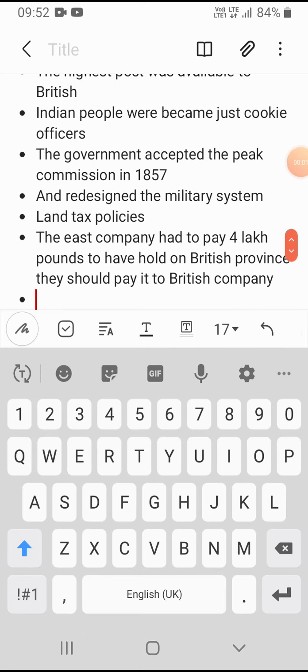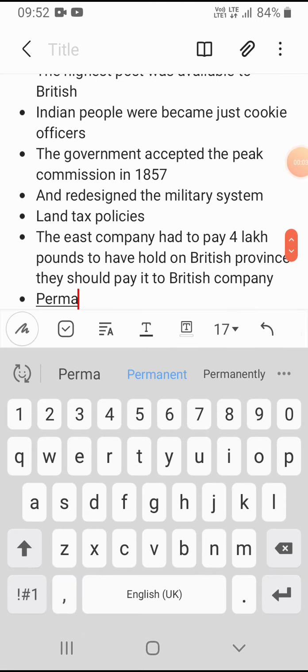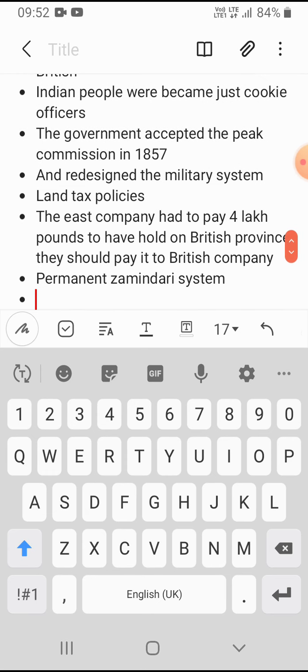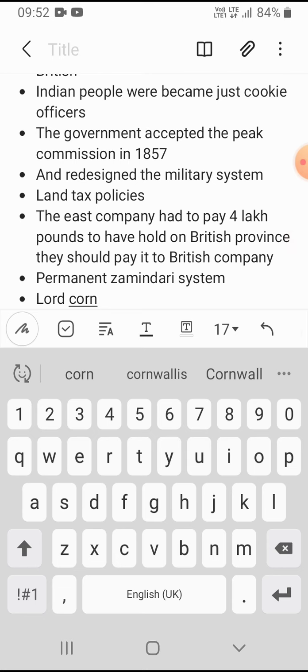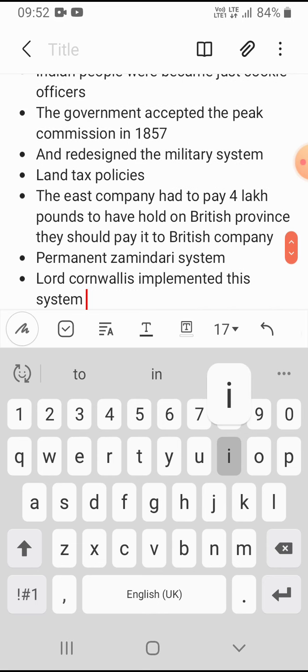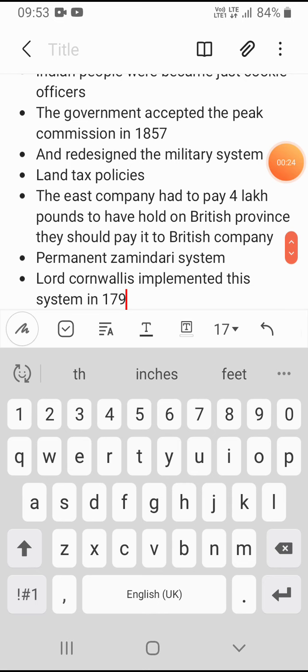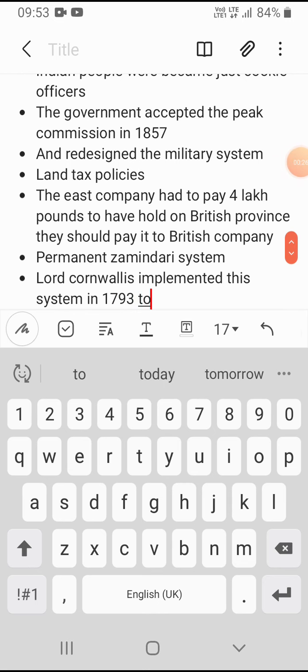Next is the permanent zamindari system. Lord Cornwallis implemented this system in 1793 to get more revenue annually.